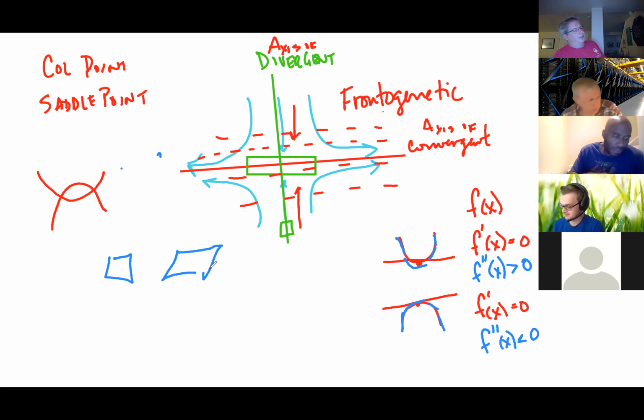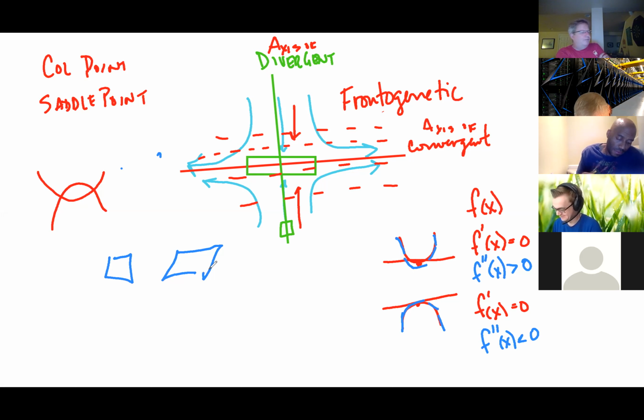What does it say? Del is an operator. It's a vector. No, oh, it's a gradient. Duh. It's the gradient of the angle.